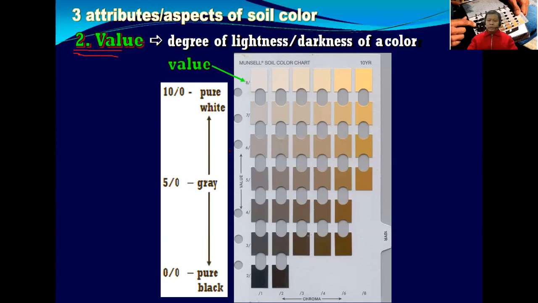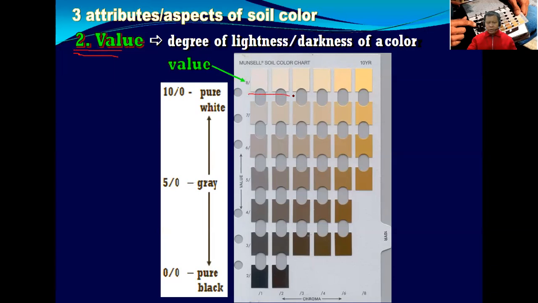Now the value, you can see the value is located on the left side of the ply or left of the soil color chart. So ang value dito, sa left side. An example, we have the value.